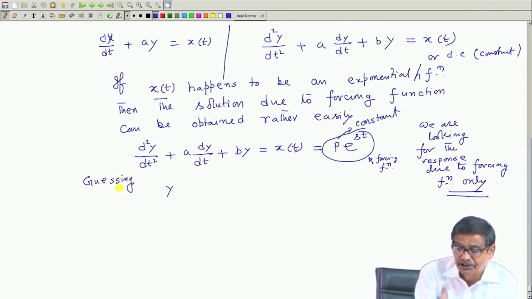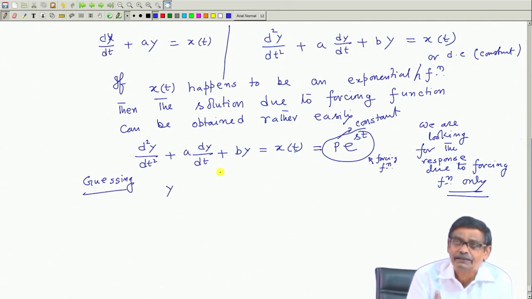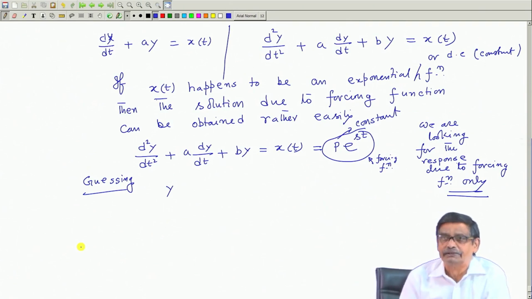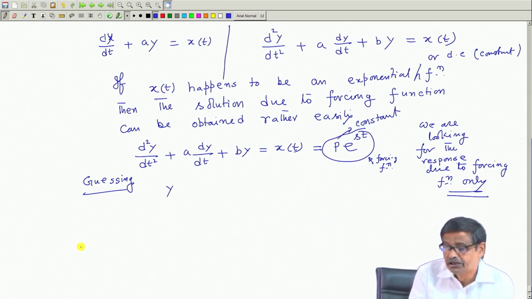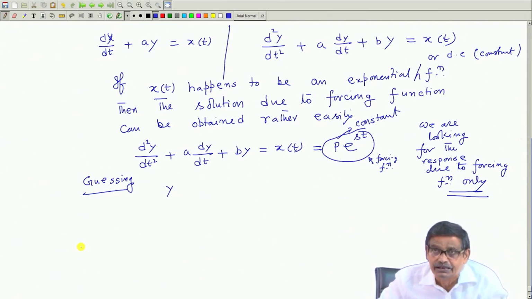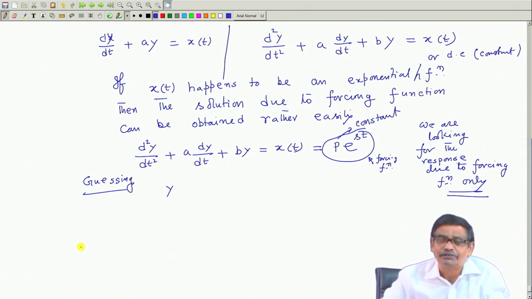It has to be also exponential e to the power s t. Then if you differentiate it twice, it still remains e to the power s t into some constant. dy dt gives e to the power s t into some other constant, plus b y gives e to the power s t. Yes, all these e to the power s t terms may add up and give you 0 for all time t. It cannot be that one term is t square, another is t cube, which will add up to 0 for all time t. Mind you, solution means for all time t.